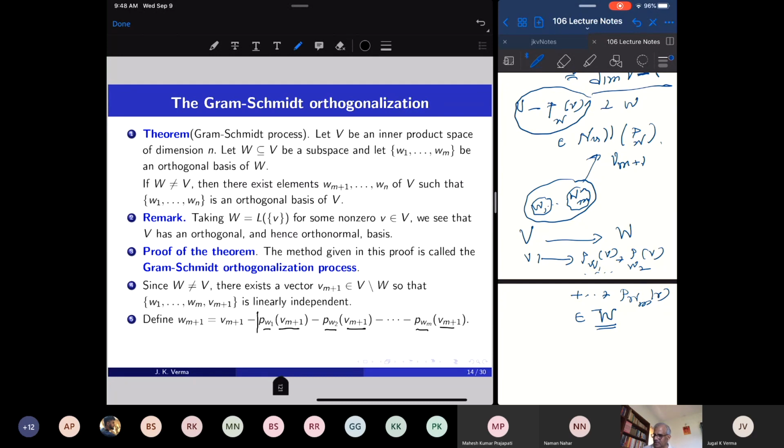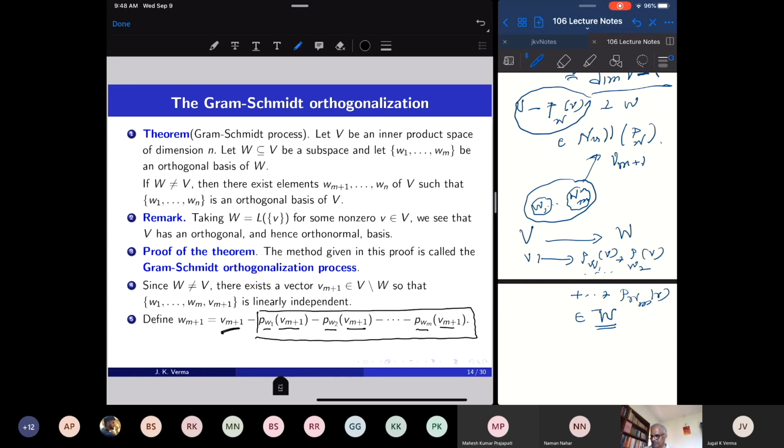That is a vector inside W, and this is called the projection of V inside W. So this is what we are doing: we take the projection of V_{m+1} in each of these directions of the orthogonal basis of W, and subtract this from V_{m+1}.